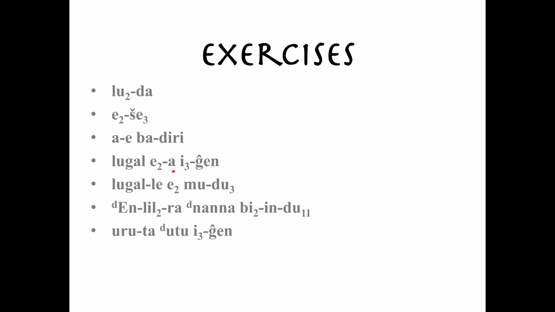Lugal A2 A, E3 Nyen. I don't remember if I've given you Nyen yet, but you can definitely see that on EPSD. Lugal Le A2 Mu Du 3. Dinger N Lil 2 Ra. Dinger Nana. B2 In Du 11. And finally Utu Ta. Dinger Utu E3 Nyen.